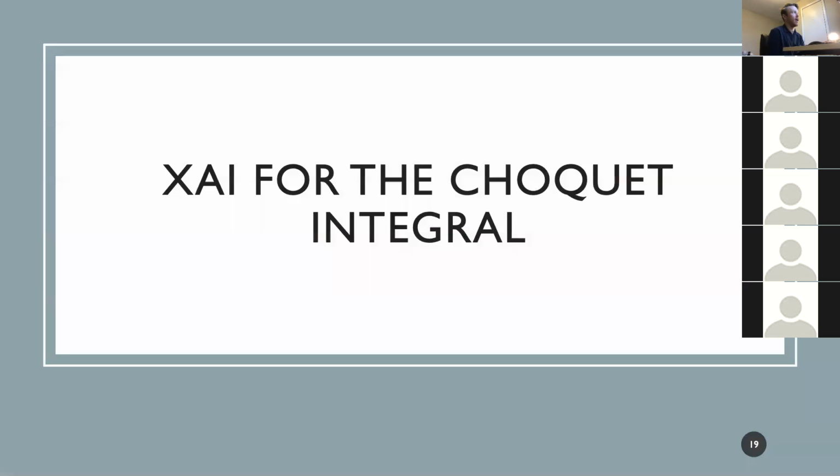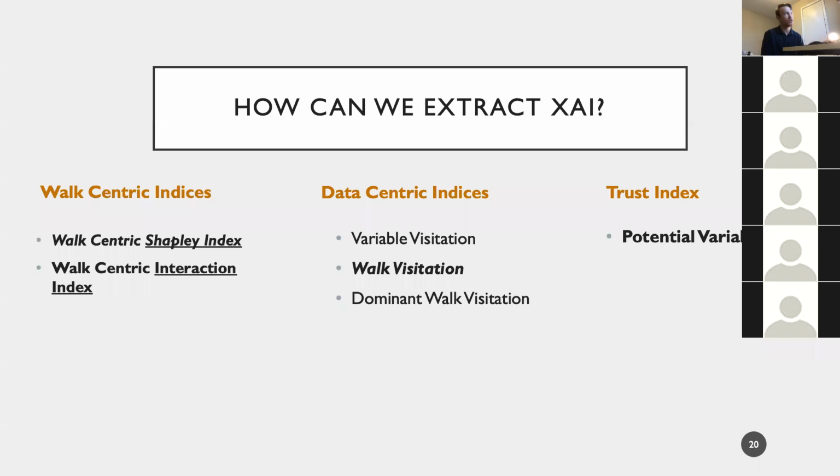So now we're going to get into what is explainable AI for the Choquet integral. In the publications I showed you just a second ago, there's a handful of different new indices that I've put together and are going to highlight what's going on in the Choquet integral, which, if you're paying attention, is going to help us achieve transparency in the model. So we've gone from interpretability, and you see a progression into transparency as we knock out some of these different indices.